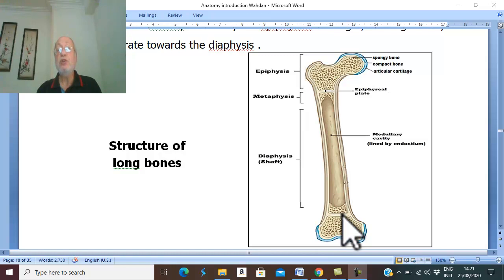This epiphyseal cartilage, which continues to grow and is responsible for bone growth in this case, is called the growing end.